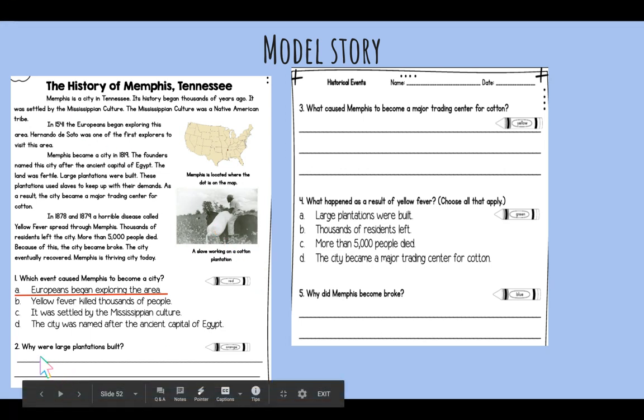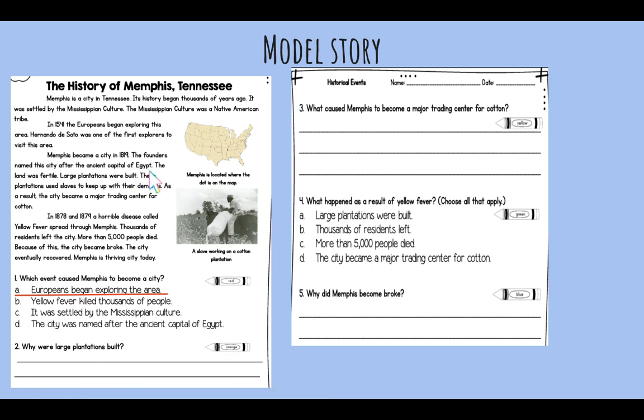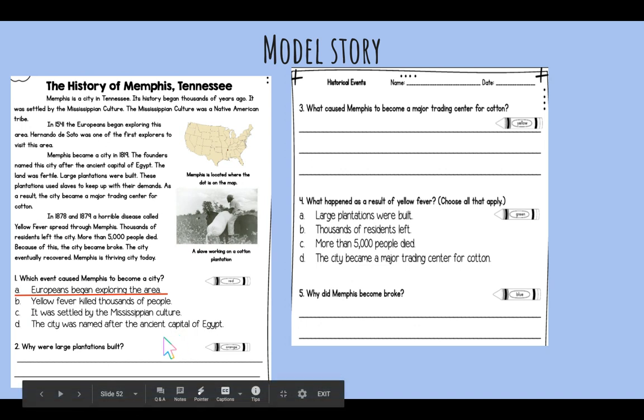Okay. My next question, why were large plantations built? I don't know. Why were large plantations built? Let's see if we can find a connection to maybe why. The land was fertile. Large plantations were built. These plantations used slaves to keep up with their demands. As a result, the city became a major trading center for cotton. Let's see what our answer is down here.